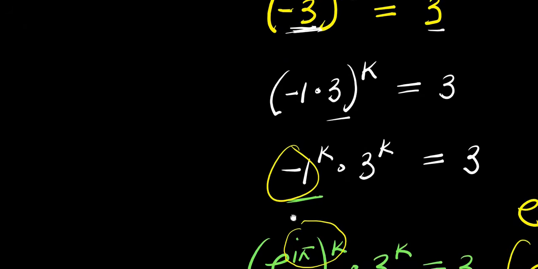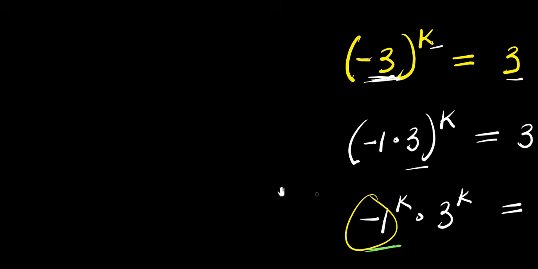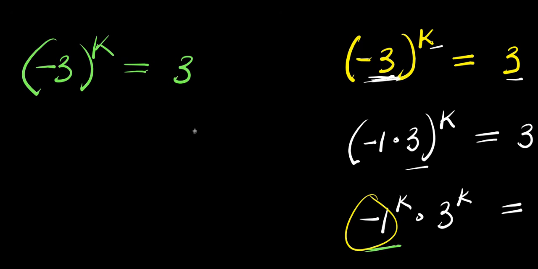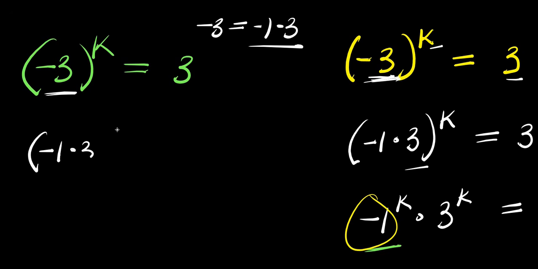So let's consider this other approach. (-3)^k equals 3. So I still consider this -3 as -1 times 3. I have (-1 times 3) raised to the power of k equals 3.